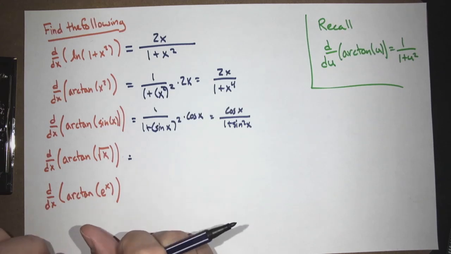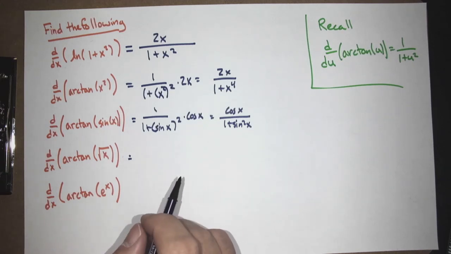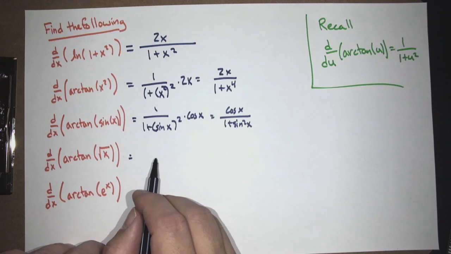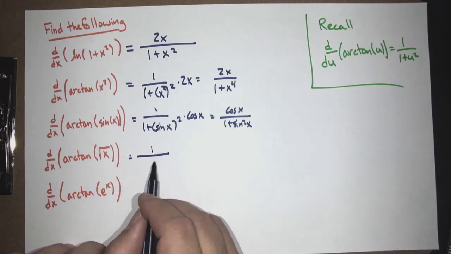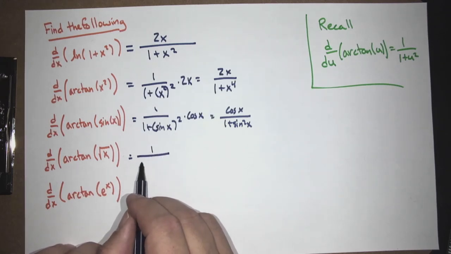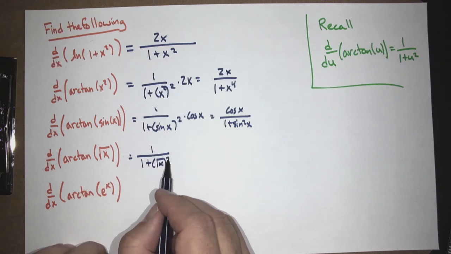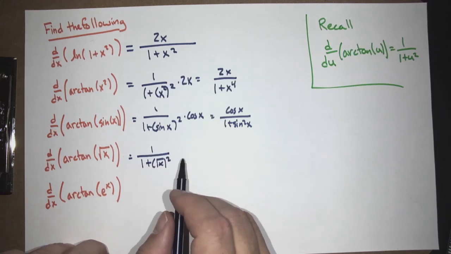All right, walk me through it. One over 1 plus square root of x squared, which will become x. Okay, anything else?